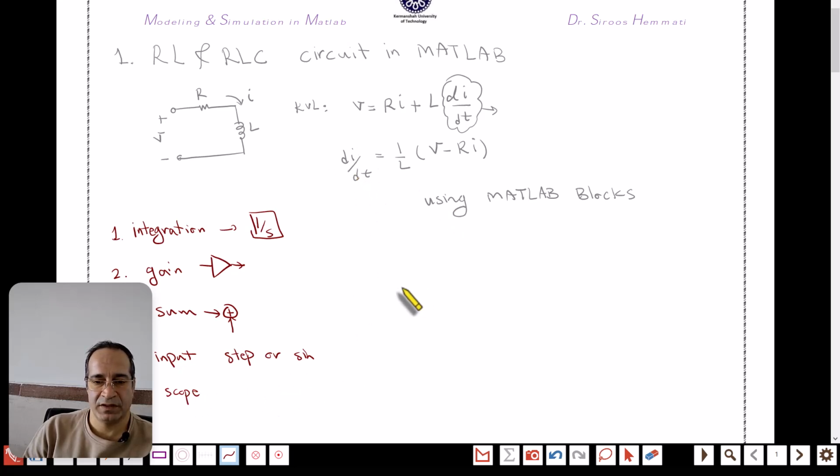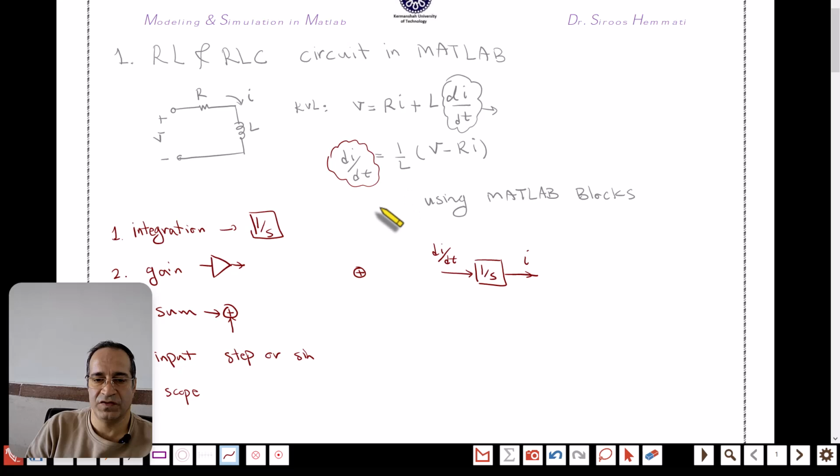The only thing I need to do is just integrate this term like this. 1 over S can do the integration. If I have di over dt here, it gives me I. And then I can multiply I by R and then do the summation over here.